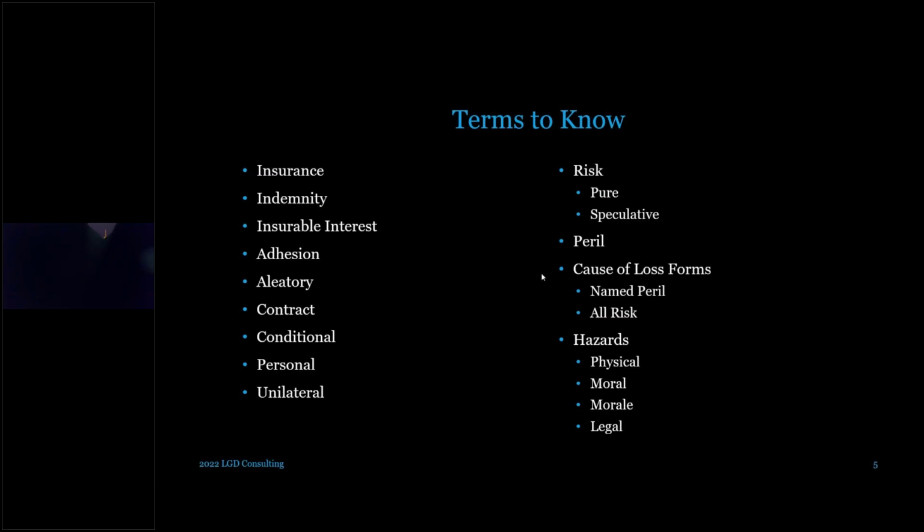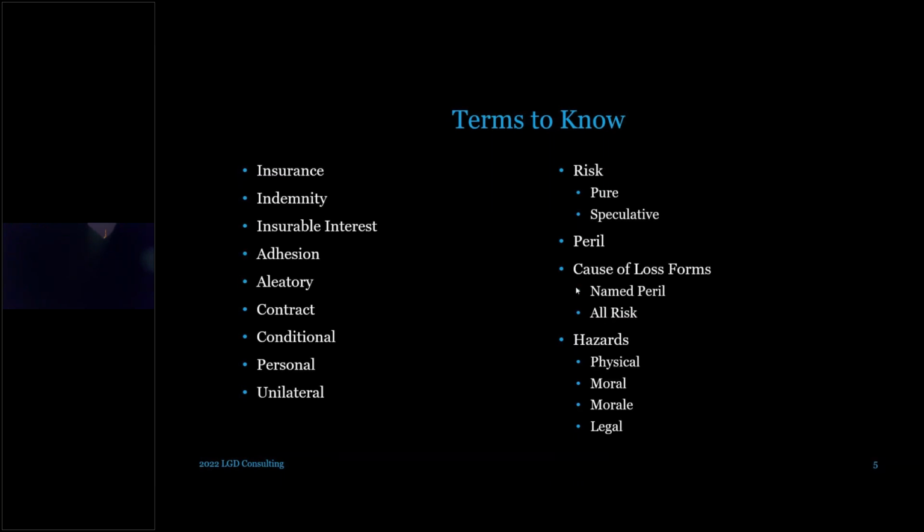And then you have cause of loss forms. Now, this gets kind of funny, but if a peril is a cause of loss, a cause of loss form is a form that lists perils. It's either going to list perils that we cover, which is the named peril form, like basic or broad, or it's going to list perils we exclude, which would be all risk, open peril, or special form.